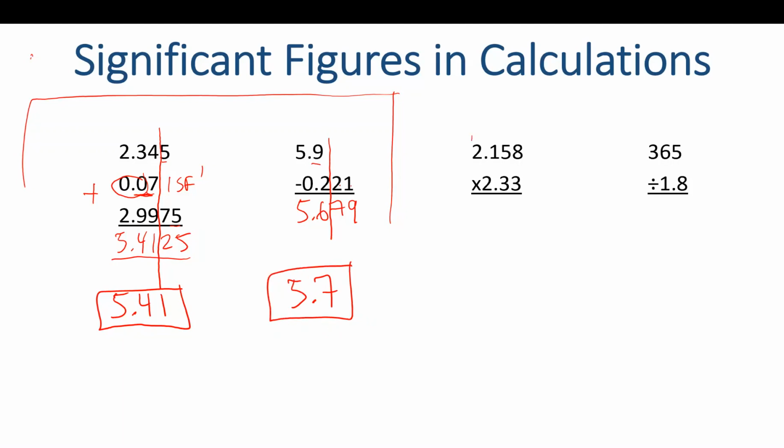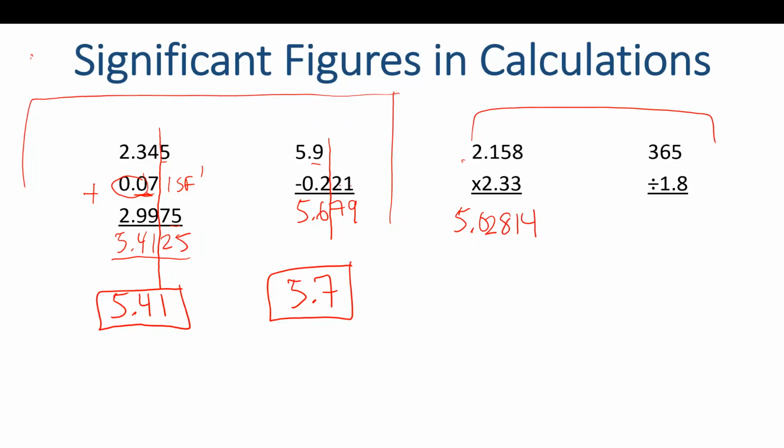Now we're going to follow a new set of rules. With multiplication and division, the rule is the least number of sig figs of the numbers that you're multiplying and dividing. So with this first problem, we would get a big number, 5.02814.